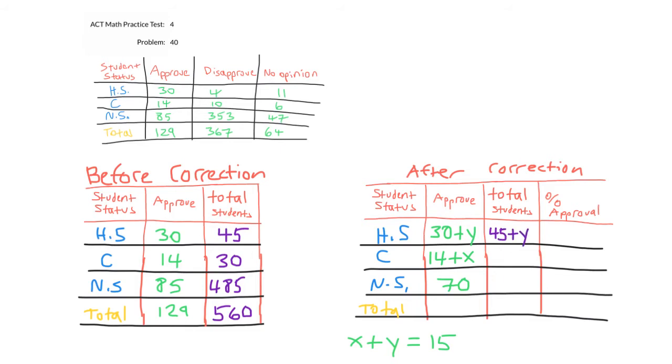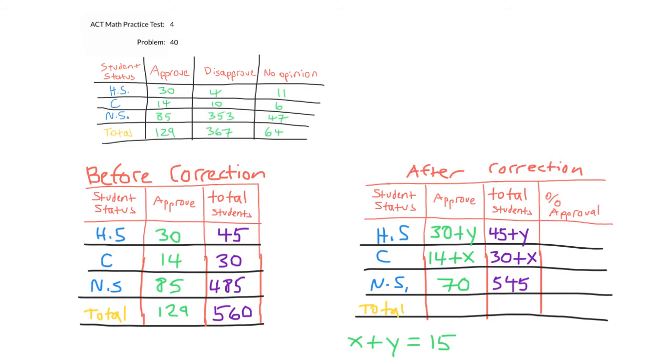And down here, it's going to be 30 plus x, because there used to be 30 total college students. So the new total college students is 30 plus x. And then over here, it's going to be 560 minus the 15, so that would be 545.